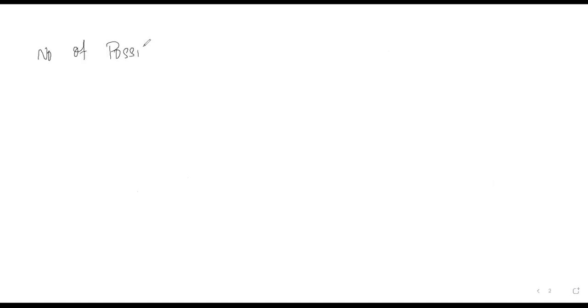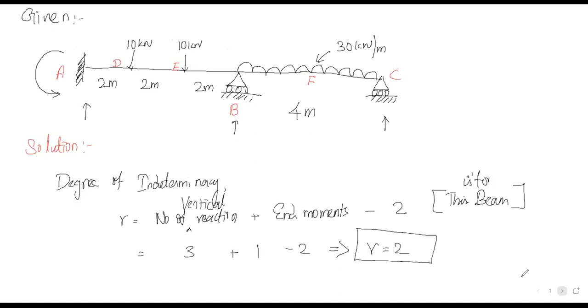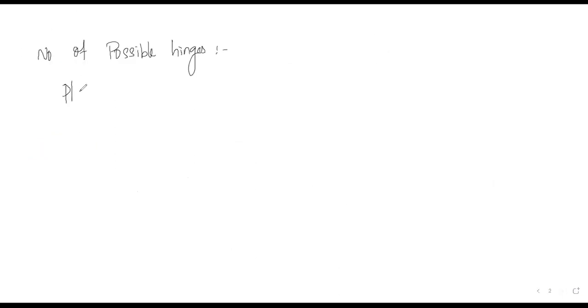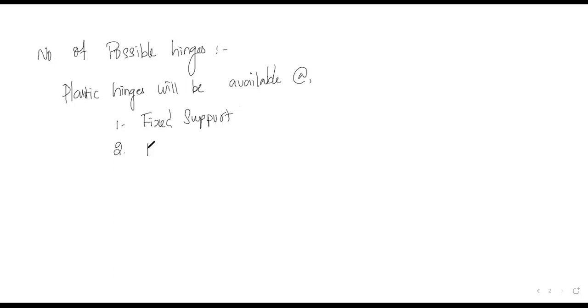As we discussed earlier, plastic hinges will be available at, first one is the fixed support, second one is the continuous support, and third one is under the loads.